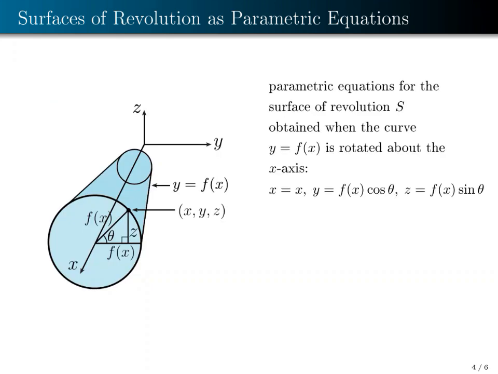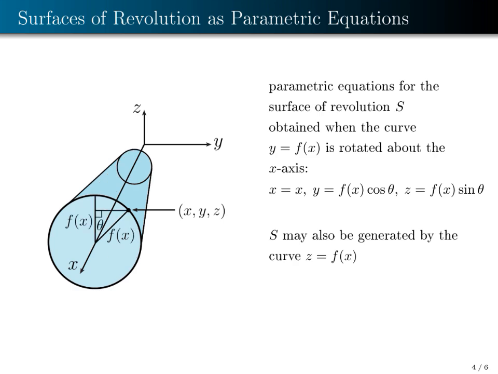Before we continue to the examples, let us go back to the SOR obtained by rotating the curve y equals f of x about the x-axis. Notice that the same SOR is generated if we revolve instead the plane curve z equals f of x about the x-axis.